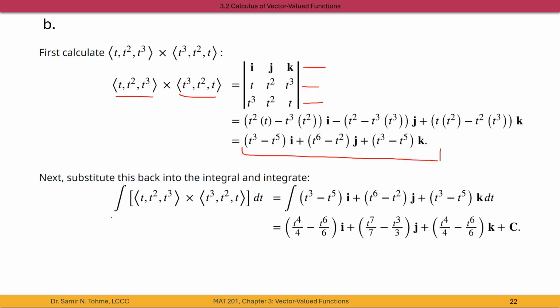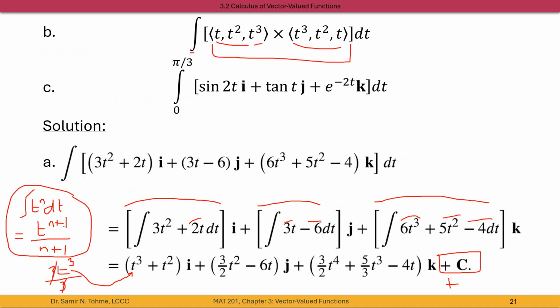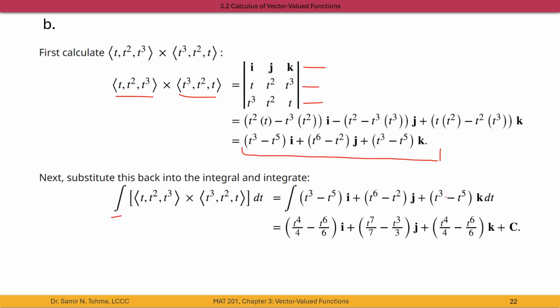Now let's integrate it. You apply the same integration rule, this formula, to these components, and you're gonna get this one. Don't forget to add the integration constant at the end after every indefinite integral.